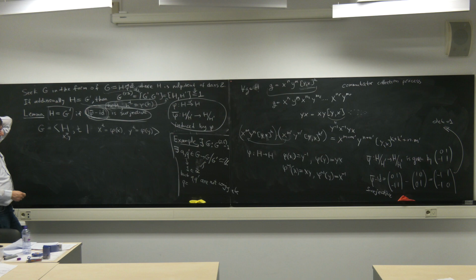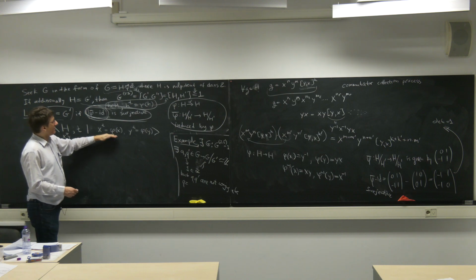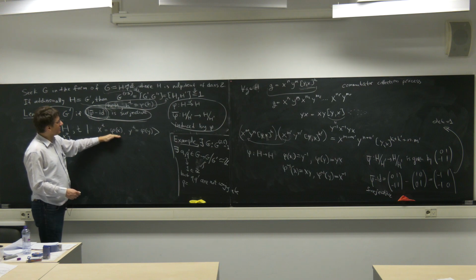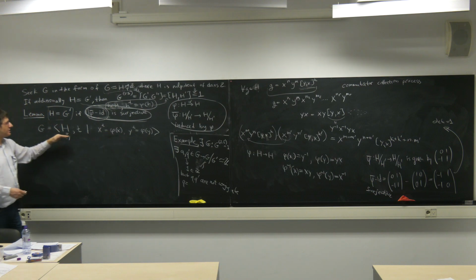And if we believe that that map is an isomorphism, then it should follow that there are no other relations. But also this is a standard fact from the theory of HNN extensions. So again, you can look at any book about HNN extensions, and it's written there.